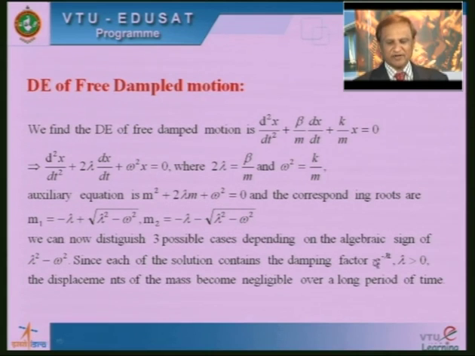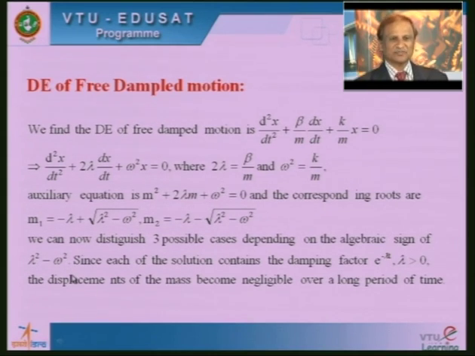Depending on the algebraic sign of lambda square minus omega square, we have to think whether it is equal to 0 or may not be equal to 0. If it is not equal to 0, I have to think whether it is greater than 0 or less than 0.